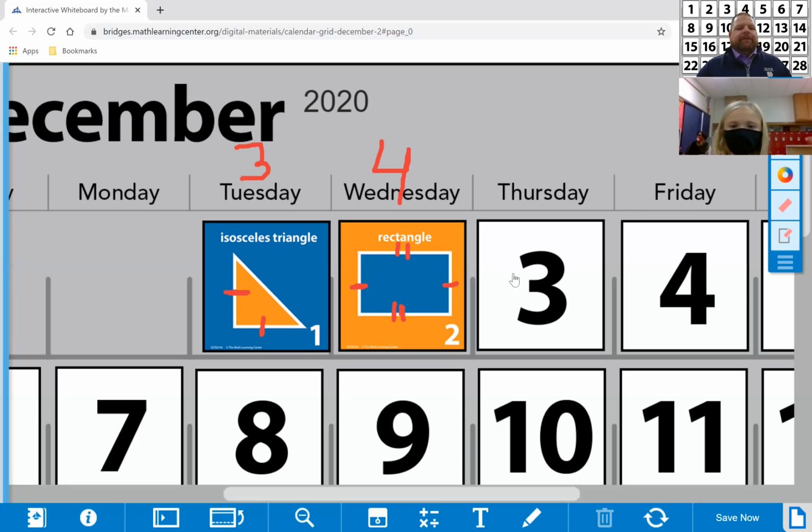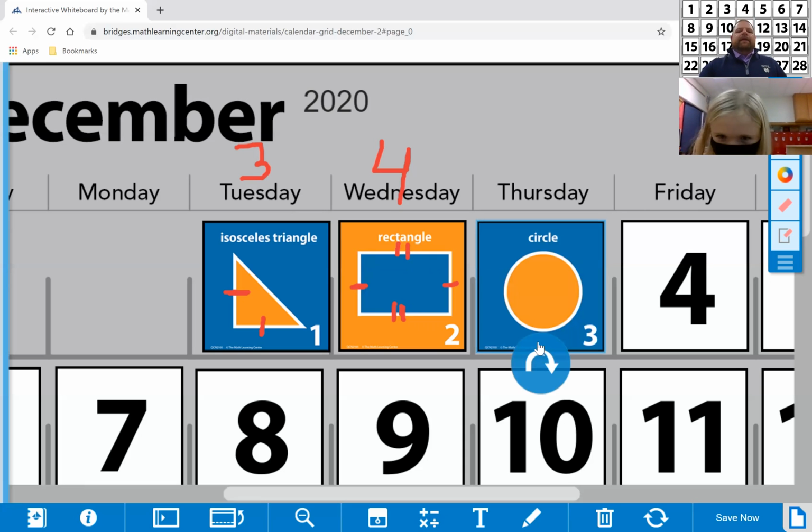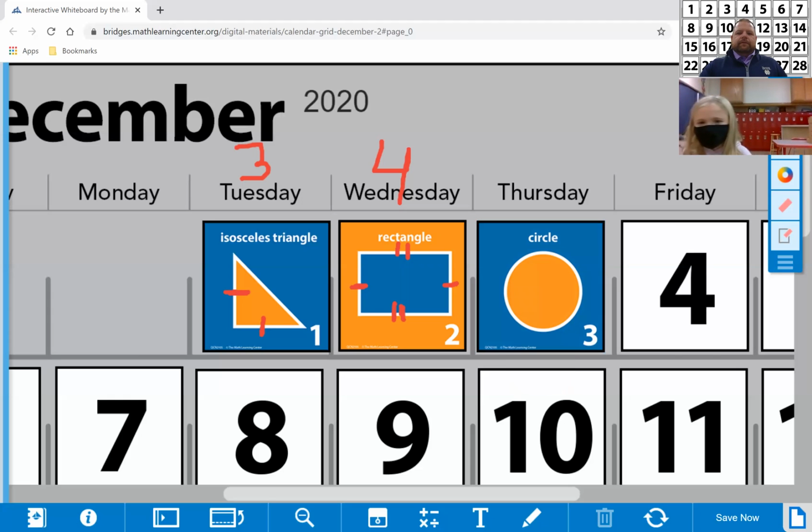What do you think we're going to have on day 3? A square. You think a square? It's a circle. Does a circle have any corners? No, it doesn't have corners. It doesn't have any straight lines, does it?